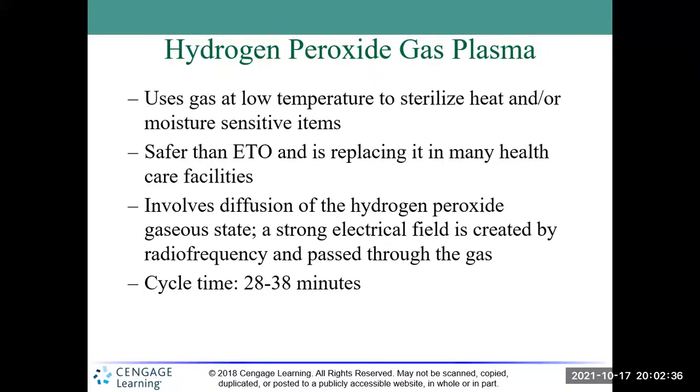Also, hydrogen peroxide gas plasma. This is used at a low temperature, so it is for more sensitive things that cannot handle the high moisture, heat, and pressure. This is a lot safer than ethylene oxide, so it is being replaced in a lot of healthcare facilities.